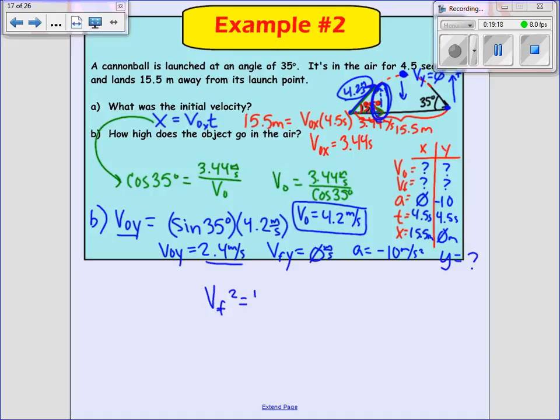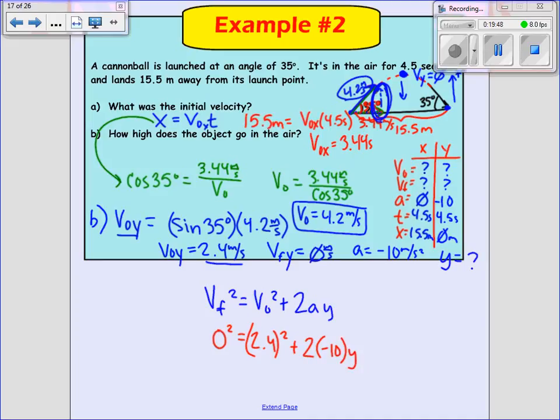V final squared equals V initial squared plus 2 times a times y. The V final at the top is going to be 0. That's equal to the V initial, which I have to use the y value of what we just found, 2.4, squared, plus 2 times the acceleration, negative 10, times y.